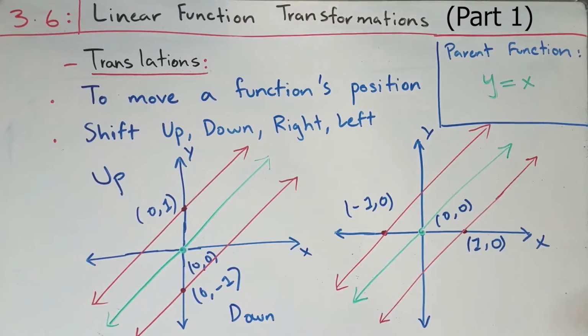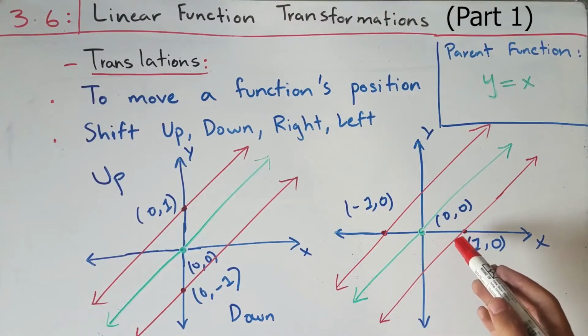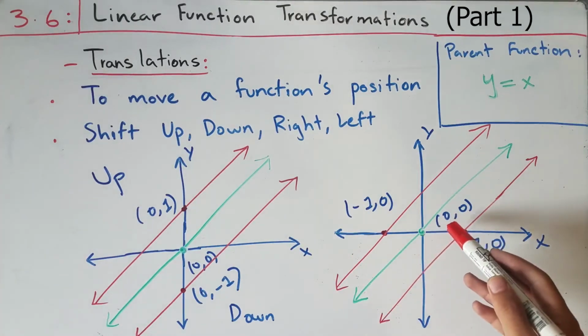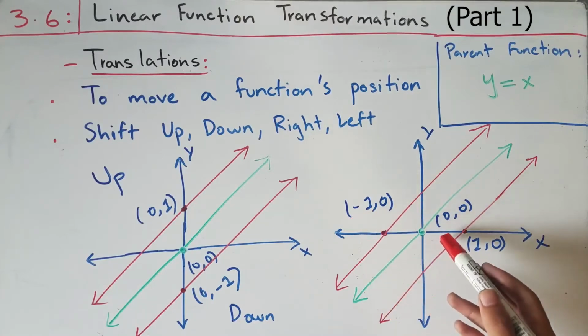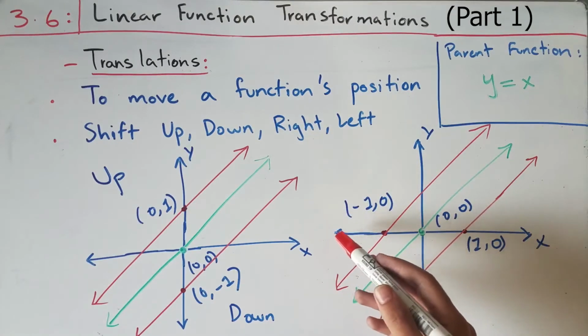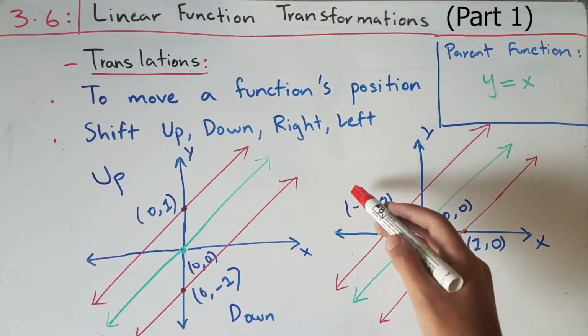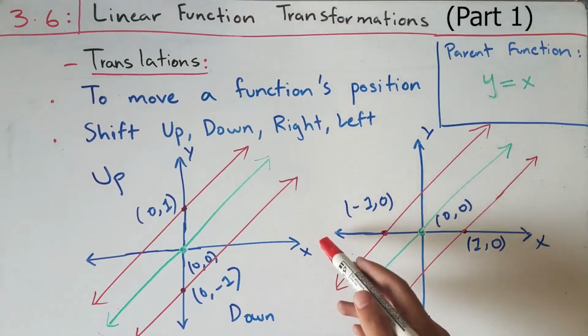This means that all my x values from the original parent function y equals x have been translated to the left by 1 unit, but all of my y values from the original parent function have remained the same. So here I subtracted -1 from the x because we translated to the left by 1, but our y value is still the same. We have (0, 0) here, and our y value is still 0 here. So this transformation is a horizontal shift to the left by 1 unit.